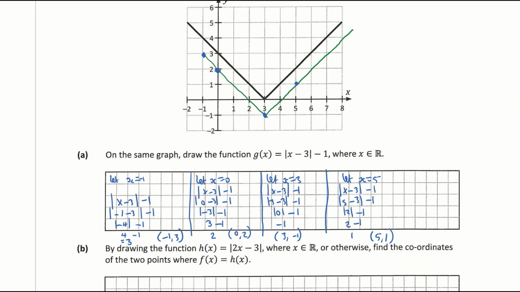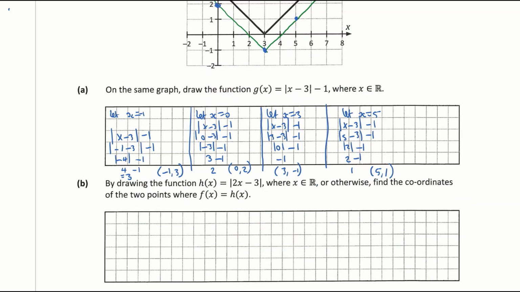Part B, by drawing the function h of x, where x is an element of the reals, or otherwise find the coordinates of the 2 points where f of x and h of x are equal, or where they cross, basically. That's what it wants us to do. Same thing again here. I'm going to basically just sub values in for x. So I'm going to start at minus 1 again, so x is equal to minus 1.